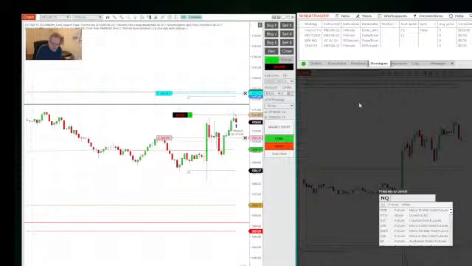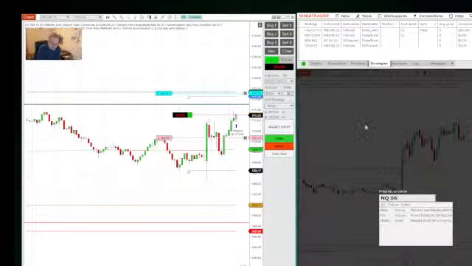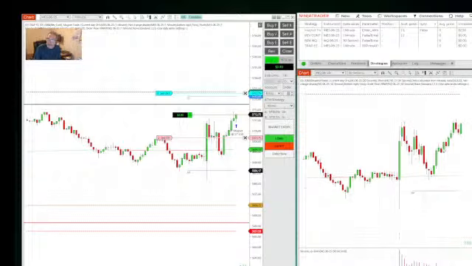Back to NQ. NQ0625. 19,900 should be resistance, Calvin. I agree with that. That could be resistance.